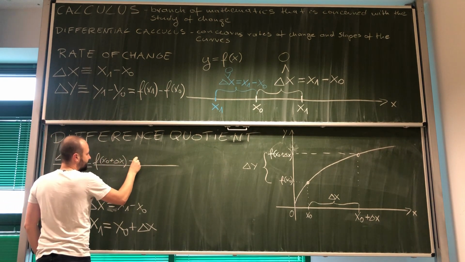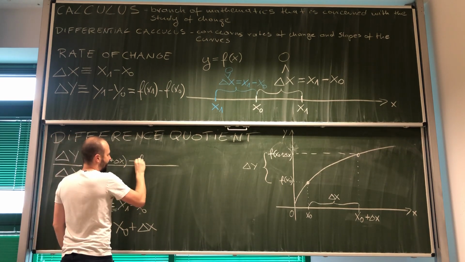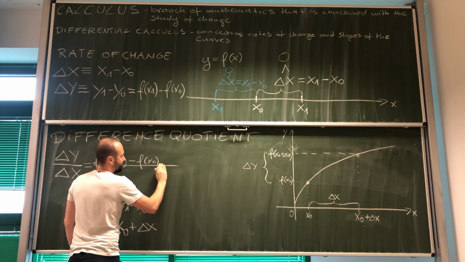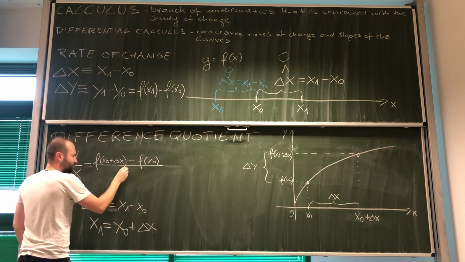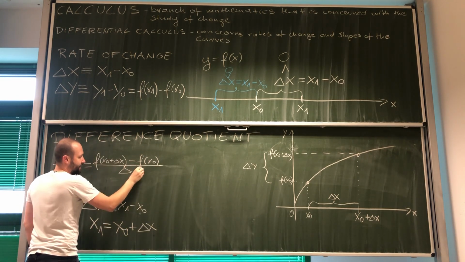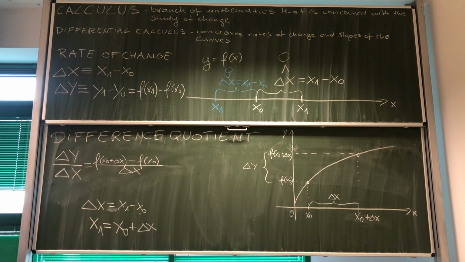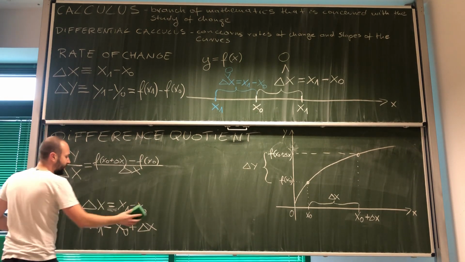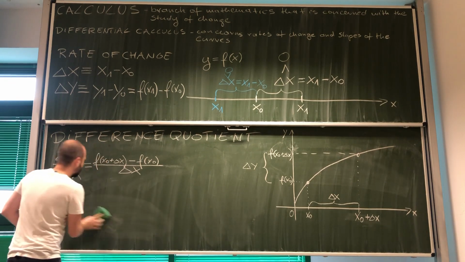And now I just need to subtract from it f of x0. Okay, and we still divide by delta x. So look, what we get here is the proper formula for the difference quotient.